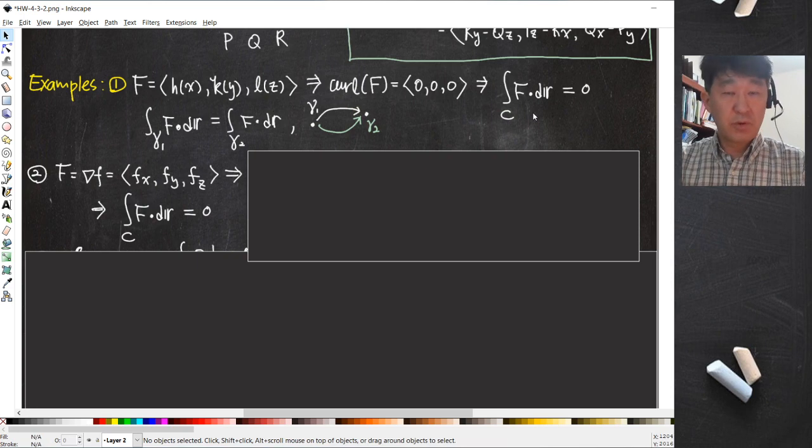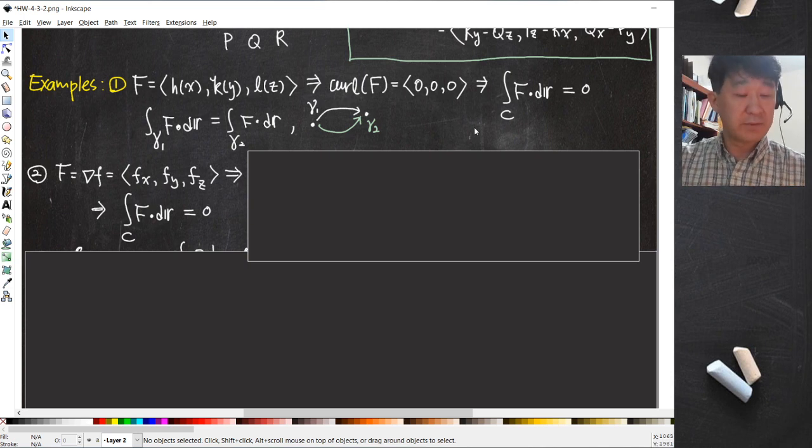And the most important example of a vector field whose curl is 0 was a gradient vector field for two variables. Let's see if that is true for three variables as well. So you start with a scalar function f. F here is a scalar function, like a temperature. If you pick any x, y, z point in space, f spits out a scalar.